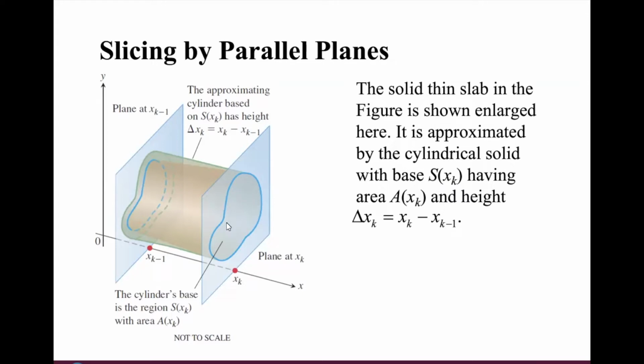It's actually the region that you see right here, having an area of A of X sub K and a height of delta X sub K, which is just the difference between X sub K and X sub K minus 1.